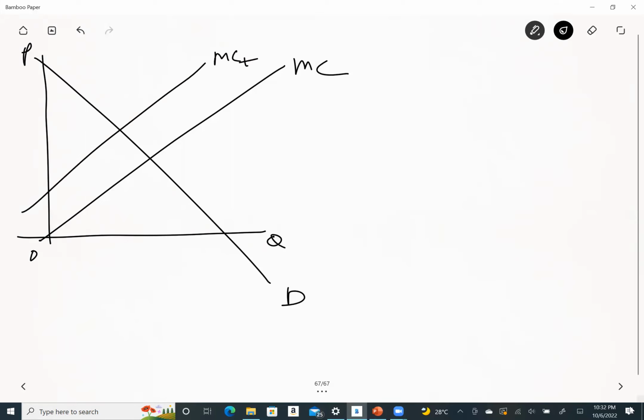All right, the tax is here, 1 ringgit, $1, equal to the tax. And you found the competitive equilibrium, E0. Here is 300,000, in thousands. And then here, 10.